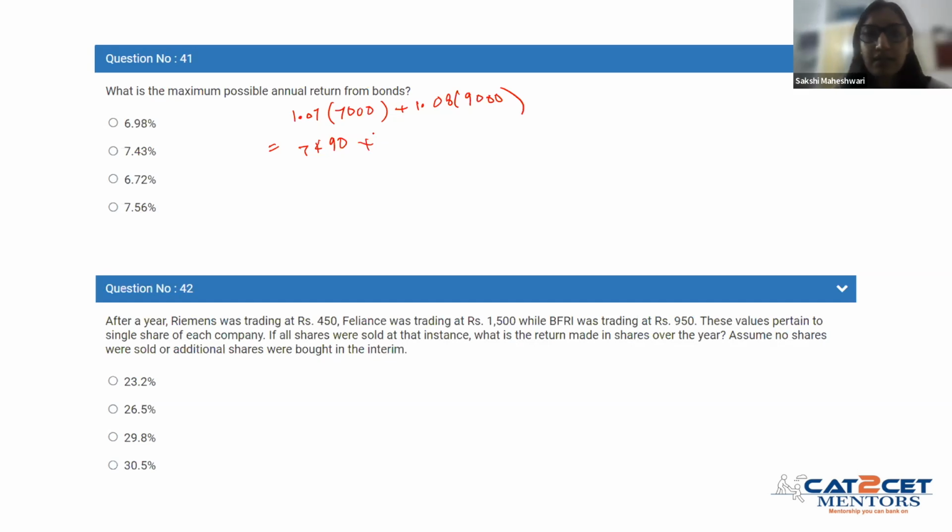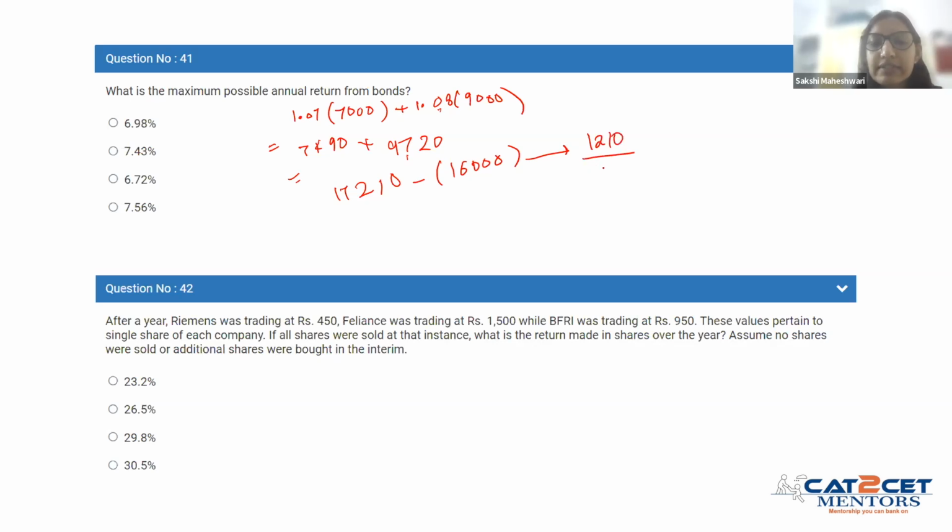And this should be, so total amount minus the already investment amount. So the gain is 1210 and 16,200.